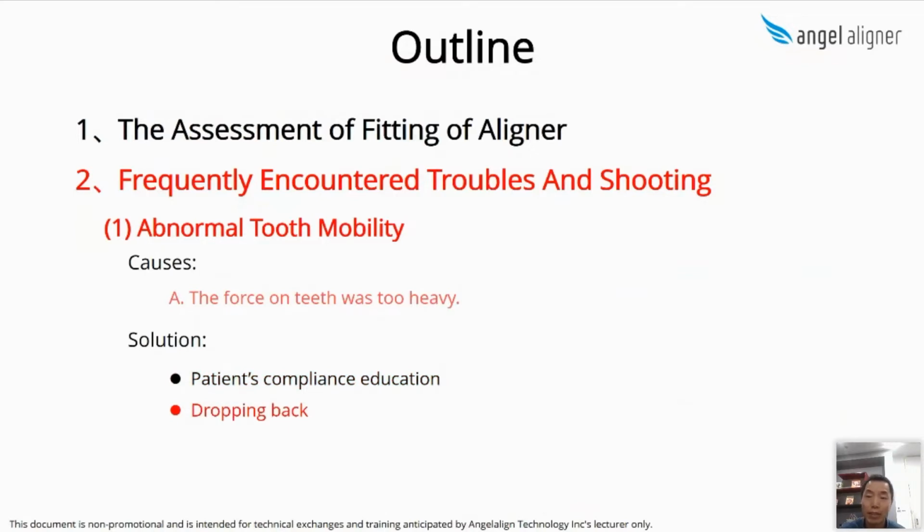If the aligner does not fit due to a lag between tooth movement and the aligner, we can consider dropping back in aligners. You may review the ISO setup and find the stage that most closely resembles the intraoral position of the teeth and try the aligner that best fits the arrangement of the teeth intraorally, and retain for a period of time.